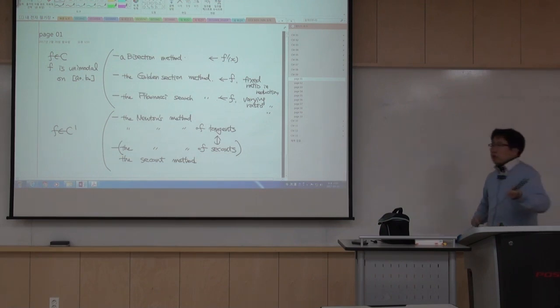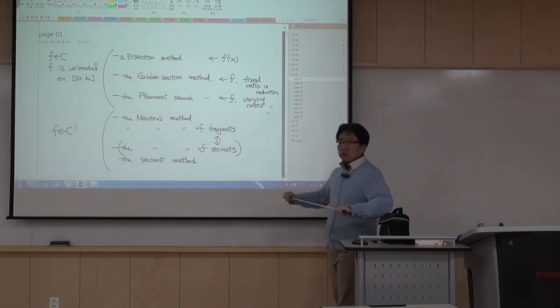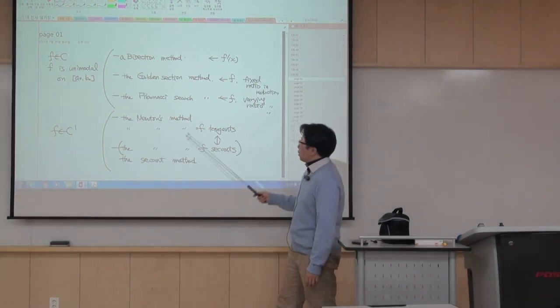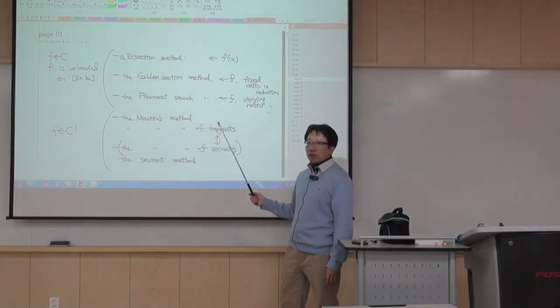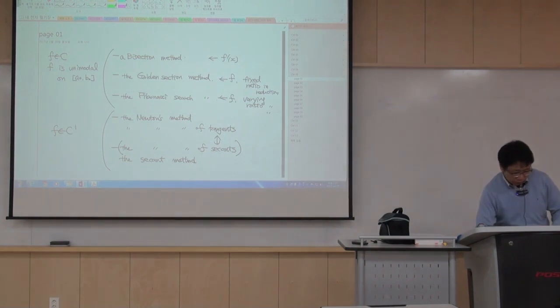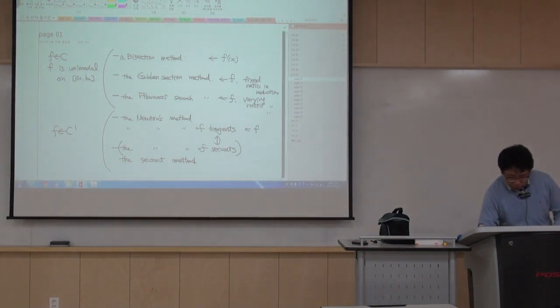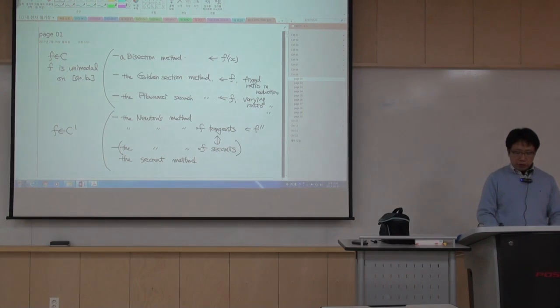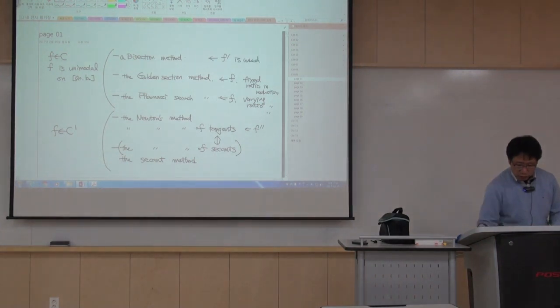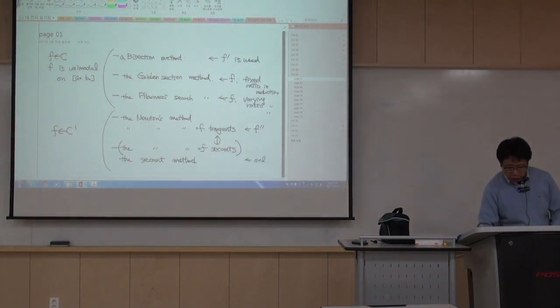So anyway, we use the first order derivative. In that sense, they have the commonality. But what about Newton's method of tangents? Actually, it utilizes the double prime. Here, only f and f prime are used.